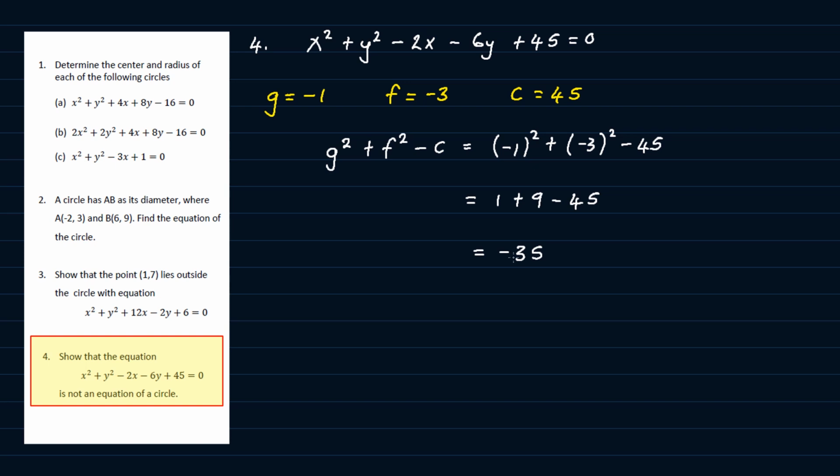So because g squared plus f squared minus c is coming out being less than 0, we can say hence it's not an equation of a circle. The reason being, for an equation of a circle, g squared plus f squared minus c should be greater than 0. And that's our answer to number 4.